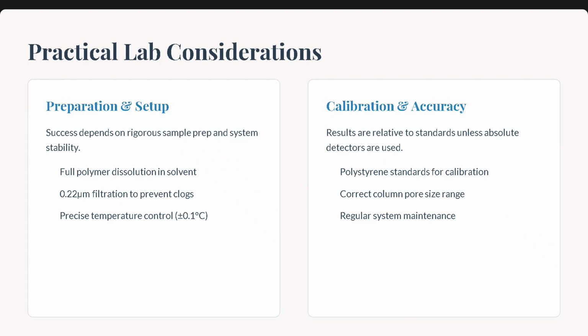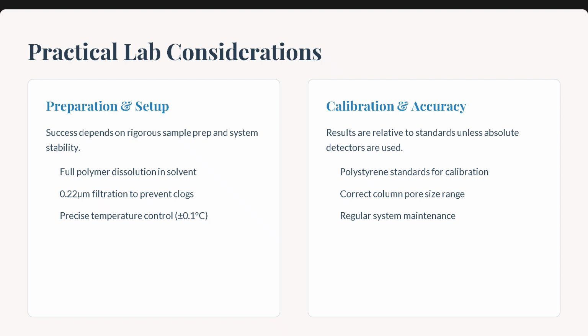Now let's move from theory to real laboratory practice. Success in GPC depends heavily on preparation and system stability. First, your polymer must be fully dissolved in the solvent. Incomplete dissolution leads to inaccurate results. Second, always filter your sample, typically using a 0.22 micrometer filter to prevent column clogging. Temperature control is also critical.